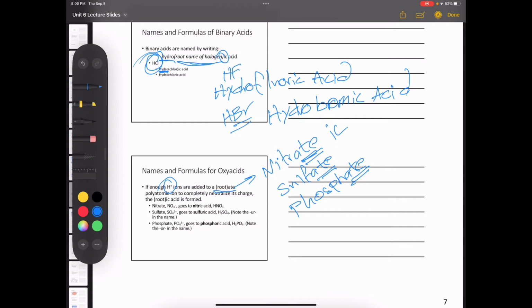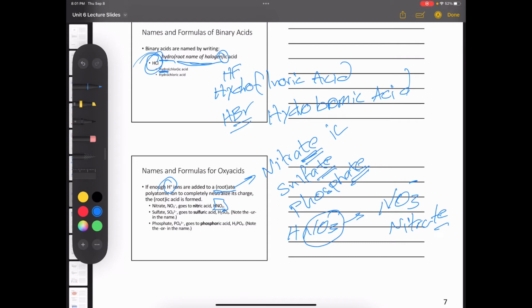I'll give you an example. If you look at HNO3, which we have right here on the slide, the root is the polyatomic ion NO3 negative. This one is the nitrate polyatomic ion. We have talked about nitrate so many times at this point. I believe all of you should memorize the molecular formula as well as the name at this point.